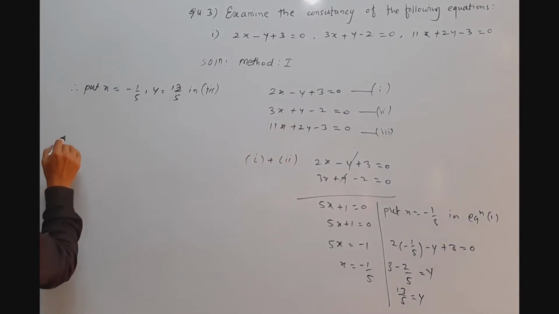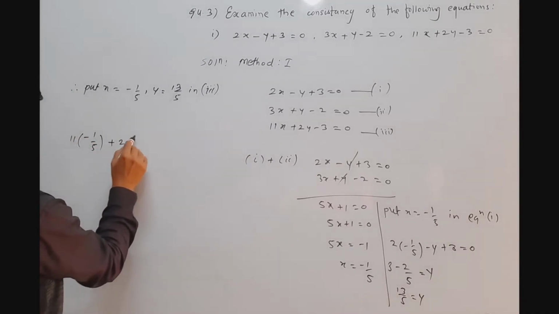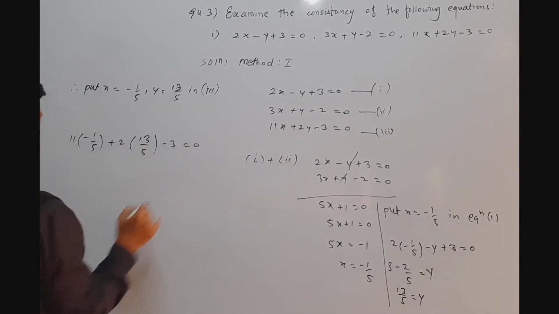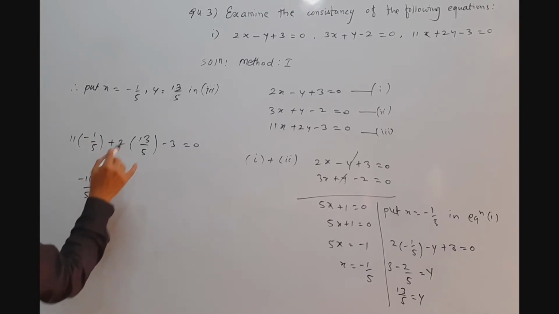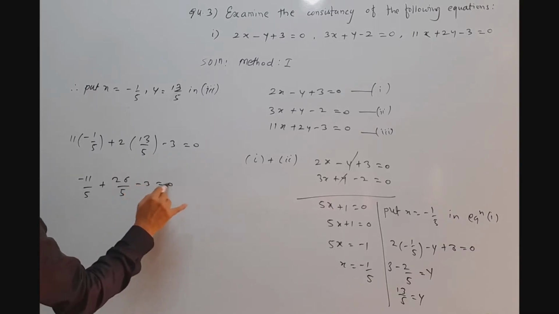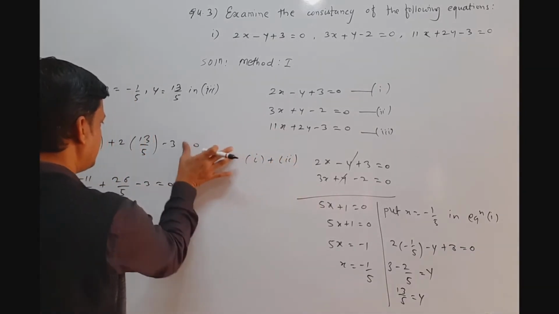So we get here 11 into minus 1 by 5 plus 2 into 13 by 5 minus 3 equals 0. So calculating this, we get minus 11 by 5, here we get plus 26 by 5 minus 3 equals 0. Sorry, we have to check LHS equals RHS.